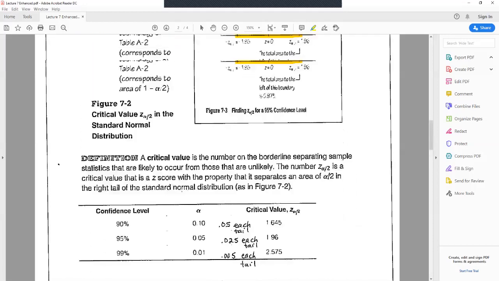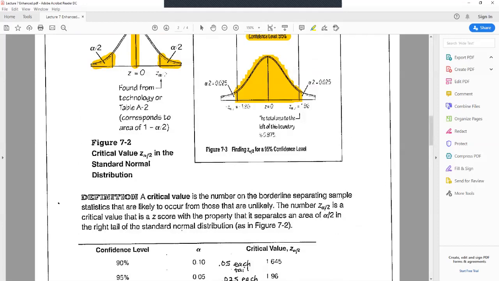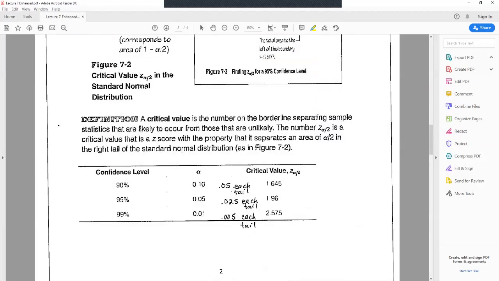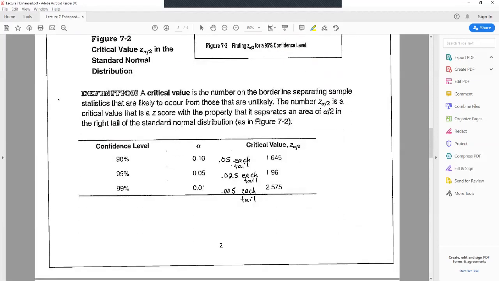We've already talked about the critical values because the critical values are these gatekeeper values that guard the tail region. The most common critical values have to do with the 90% confidence interval, and the critical value is 1.645.